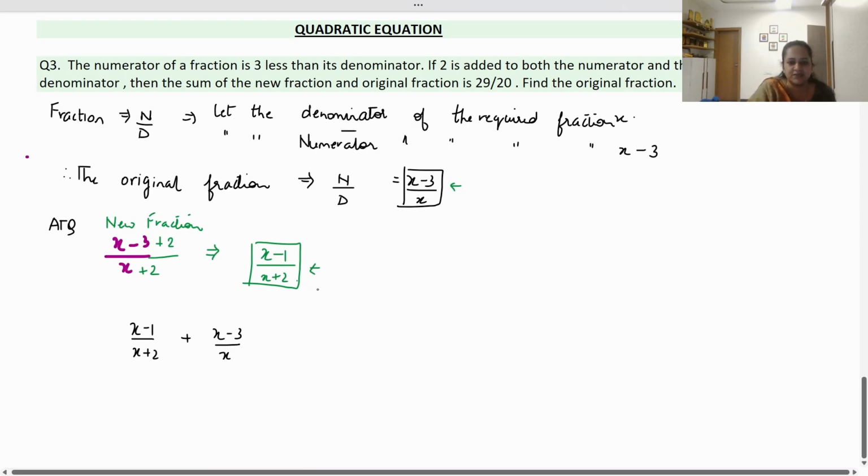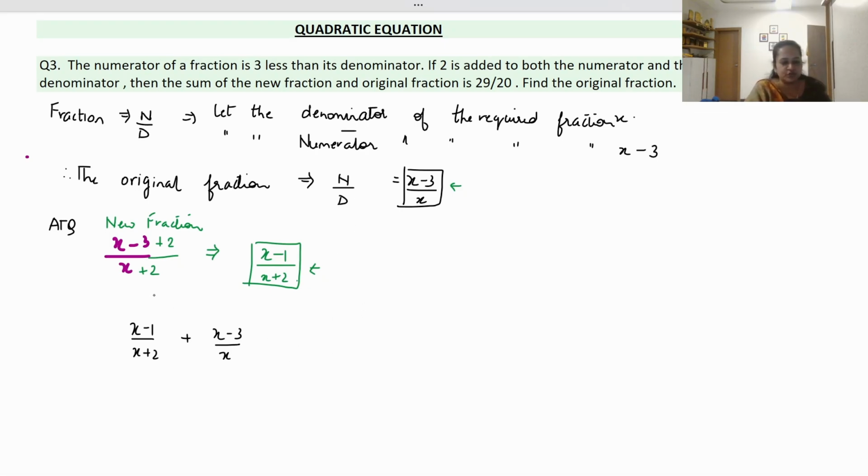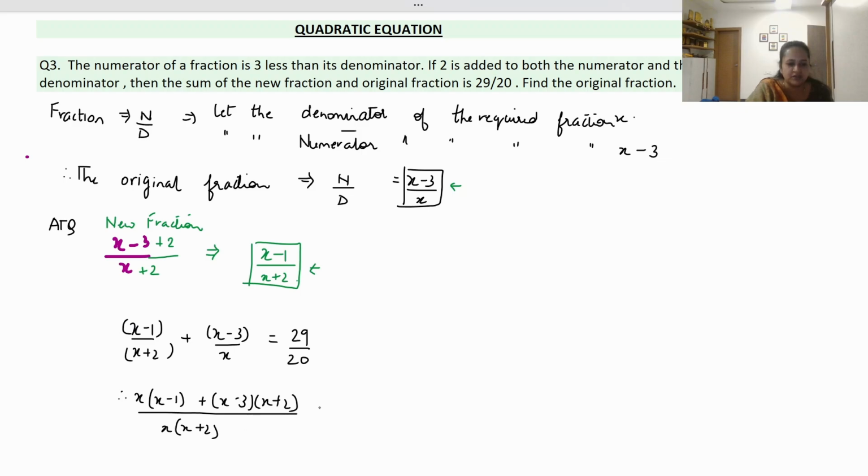So we have x minus 1 upon x plus 2, the new fraction, plus the original fraction x minus 3 upon x. Their sum is 29 upon 20. Let's put brackets over here. Cross multiply or butterfly. So we are going to get x times x minus 1 plus x minus 3 times x plus 2, in the denominator x times x plus 2, which will give us 29 by 20.